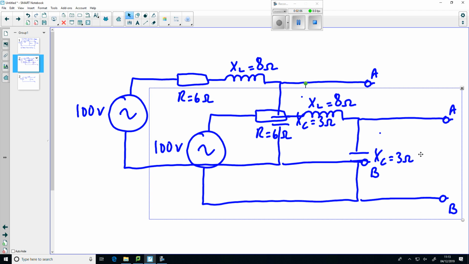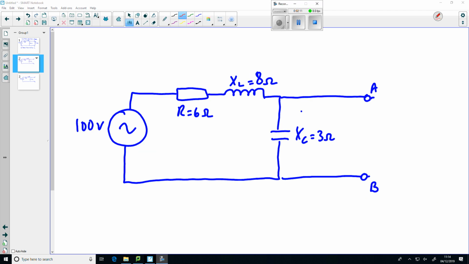So we're on step 1, which is essentially finding Vt, the Thevenin voltage. Having taken out the load resistor, leaving 2 open terminals A and B, what do we then do?